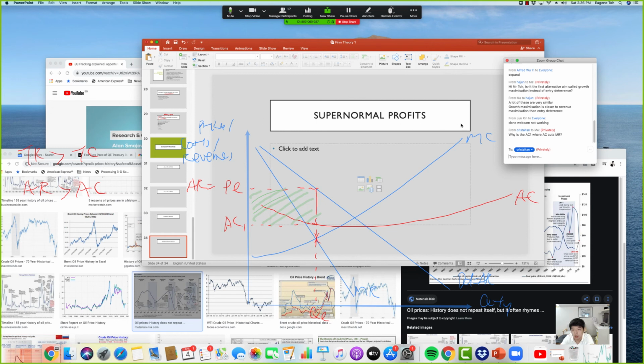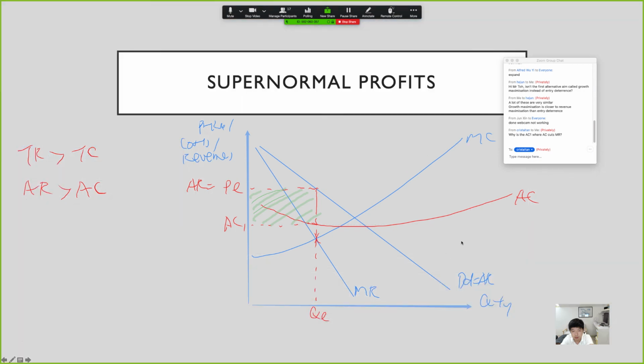Give me a minute. Why is the AC1 where AC cuts MR? Let me just go back to this again. The question is why is the AC1 where AC cuts MR? How we find our AC1 is that, based on our profit maximization output, this is the output that the monopoly has chosen to produce at.